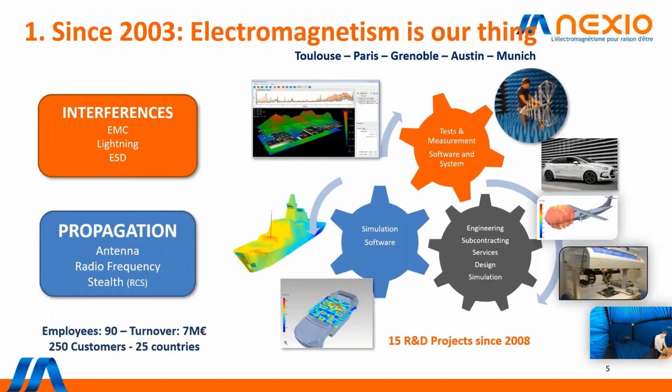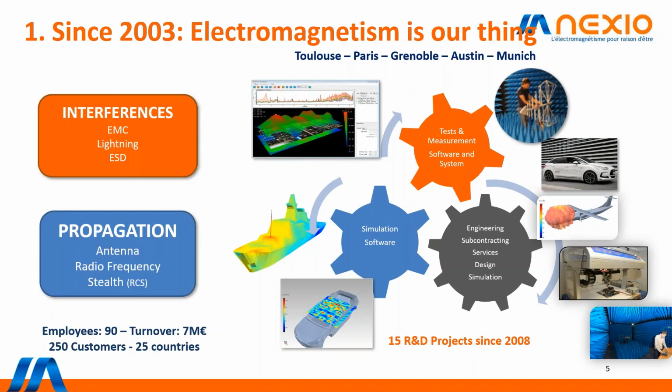So first of all, let's start with Nexio. Nexio's expertise is electromagnetism, so EMC, lightning, antenna, RF, and stealth. Our activities are service, so we are a service provider for design, tests, and we are RVS for test and simulation. Nexio is about 90 EM specialists, and the turnover is 7 million euros.